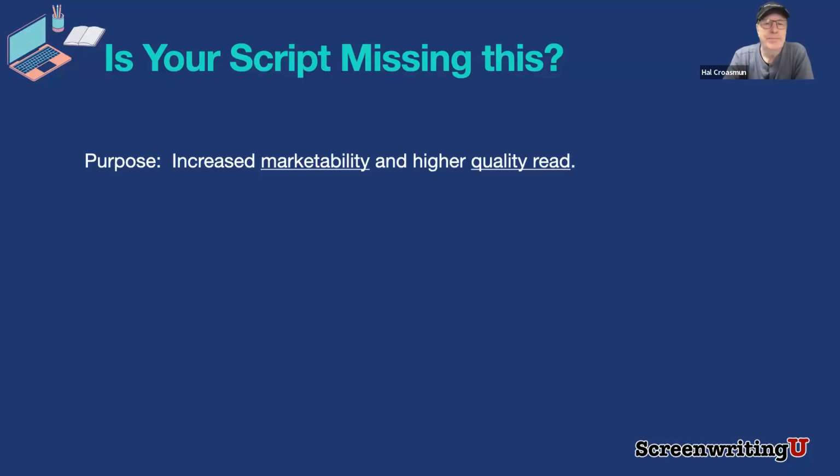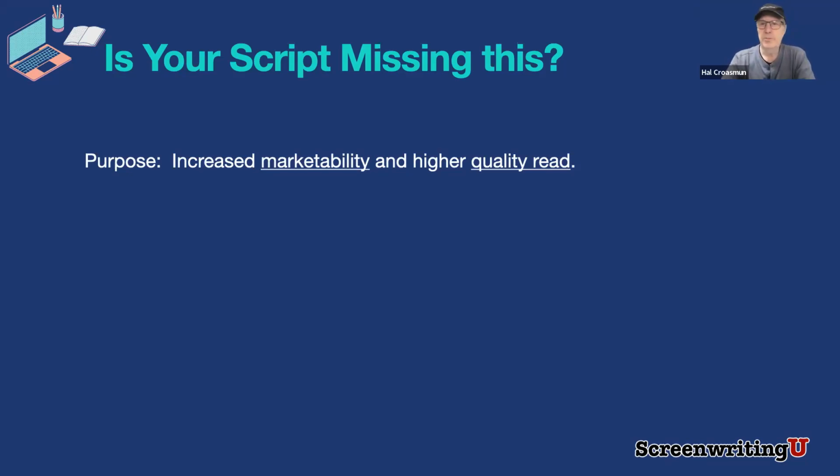Our purpose when we're doing a rewrite is to increase the marketability and make sure you have a higher quality read. Now, I'll tell you, most people do focus on a higher quality read. Very few writers actually focus on increasing marketability. And that's just come from looking at scripts that show up in contests where I've been a judge.